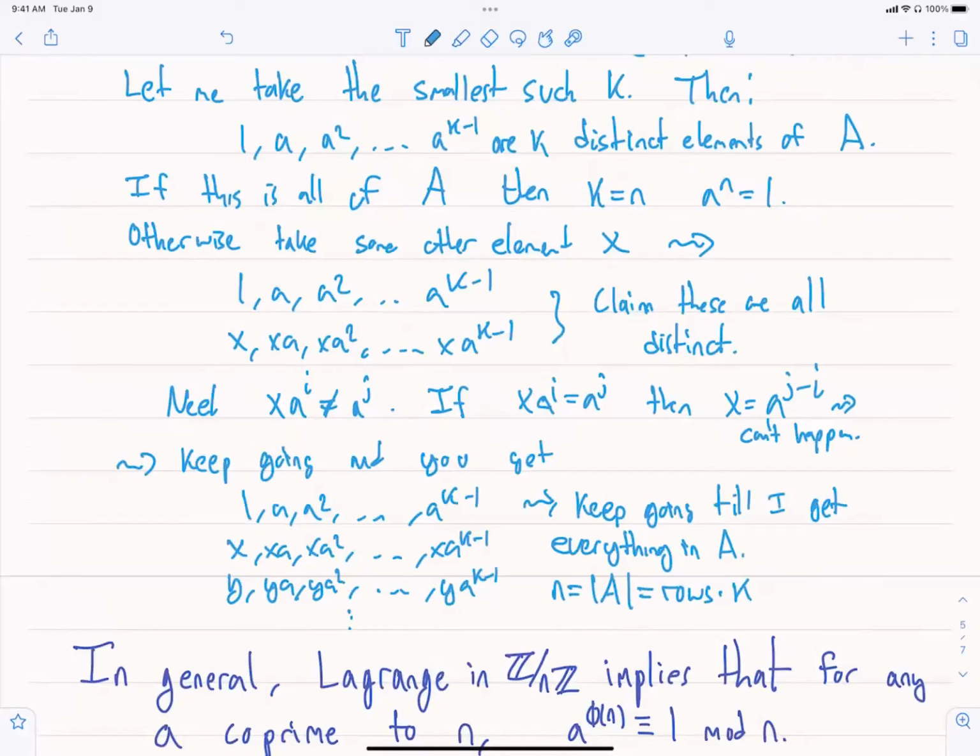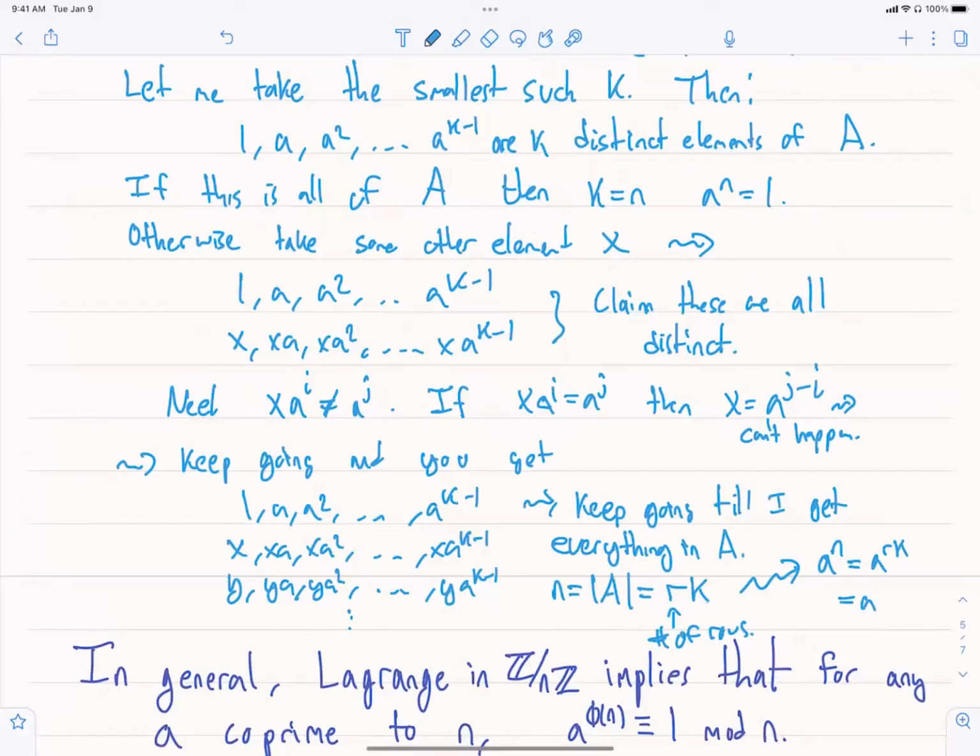So let me write r times k, where r is the number of rows. But then, sorry to cram this in here, I get a to the n, which is a to the rk.